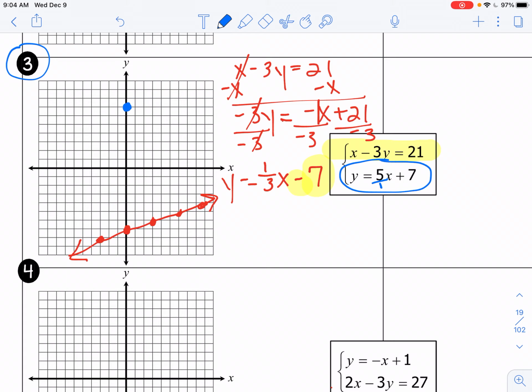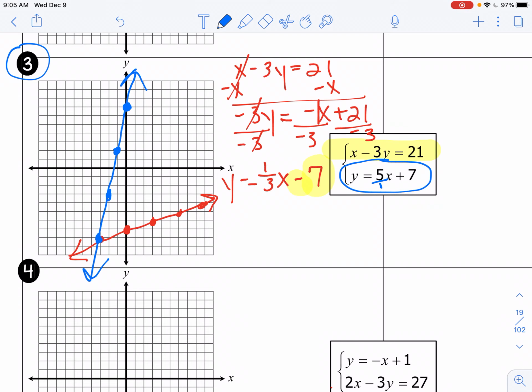So I'm going to go down 5, left 1. 1, 2, 3, 4, 5, left 1, and we just intersected. Perfect. It's a very steep line.